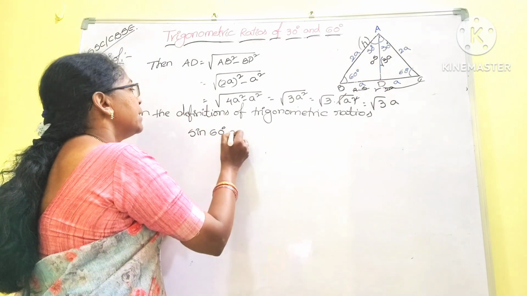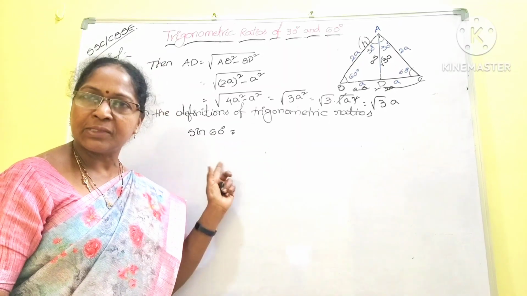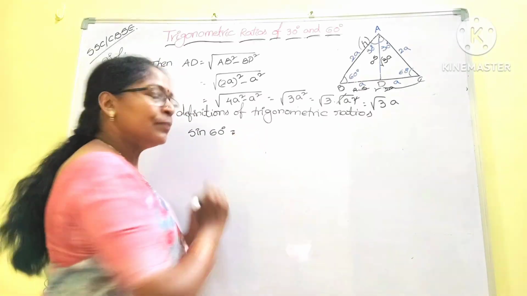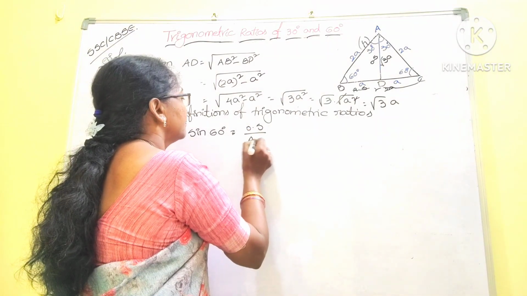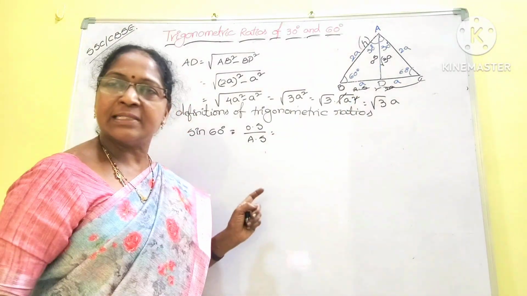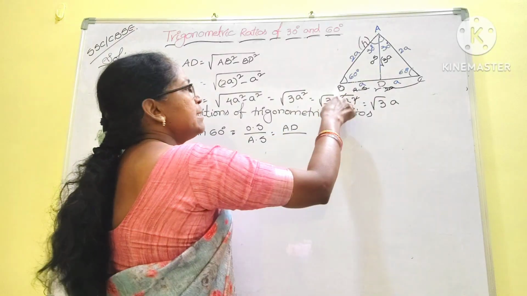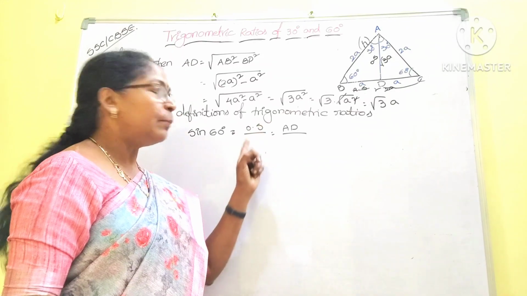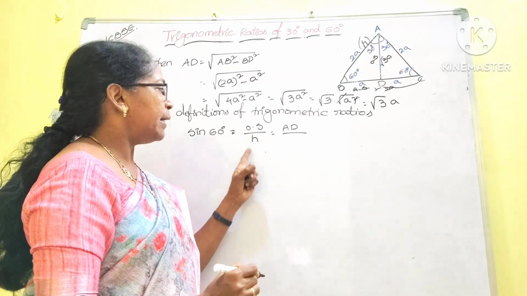So sine theta, where theta is nothing but the angle, here theta equal to 60 degrees. Write the trigonometric ratio formula: sin theta equal to opposite side by hypotenuse.